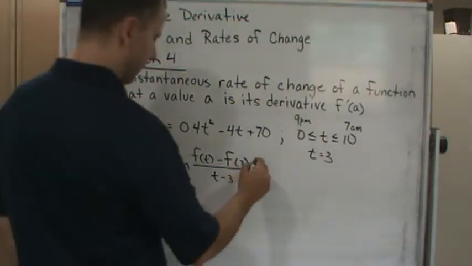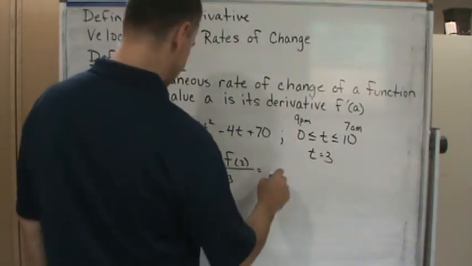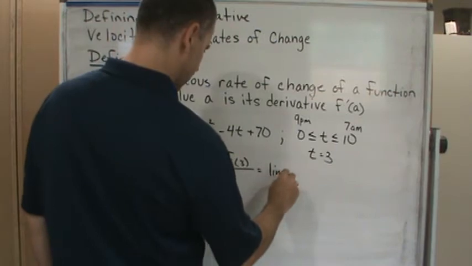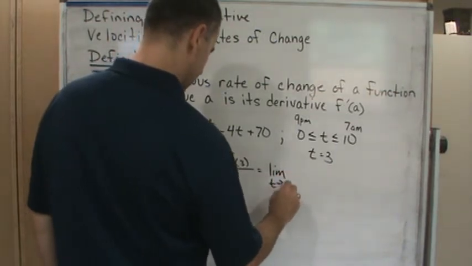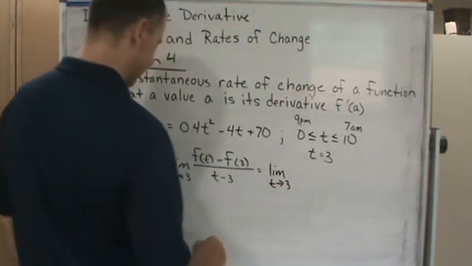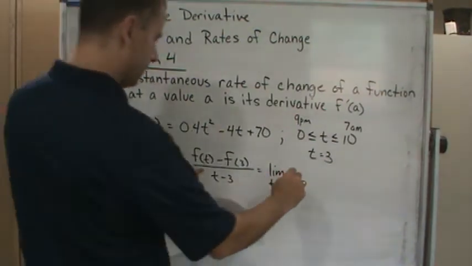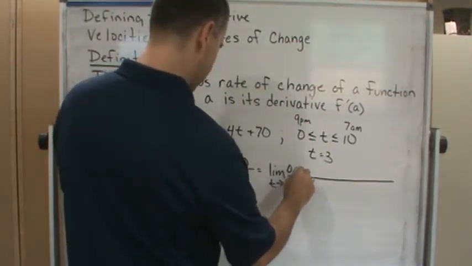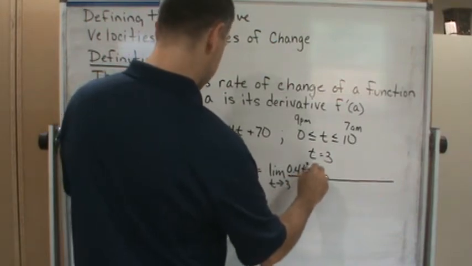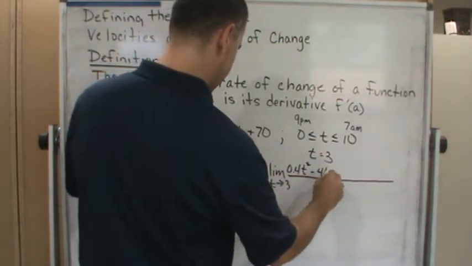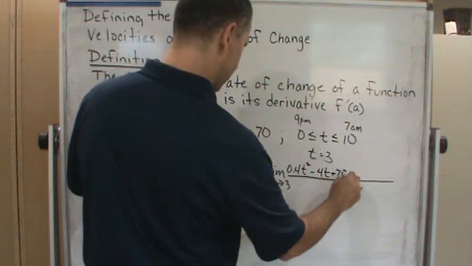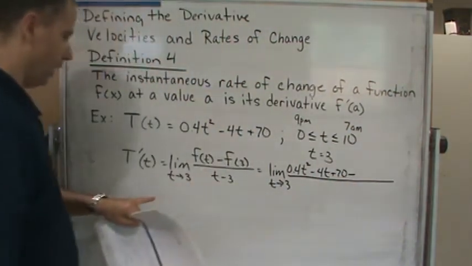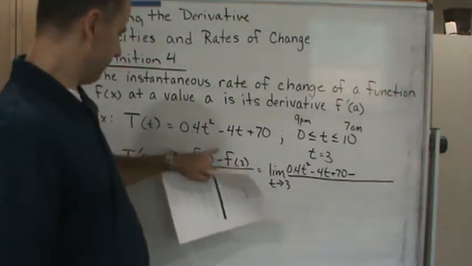So I get the limit as t approaches 3 of 0.4 t squared minus 4t plus 70 minus f of 3.